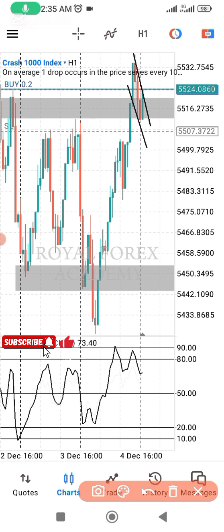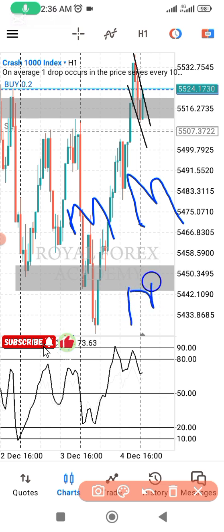We have a perfect M, which will form obviously like this. We have another M, in which the first leg will be long and then the second leg will be shorter. Then we have the other M, in which the first leg will be short and then the second leg will be longer.